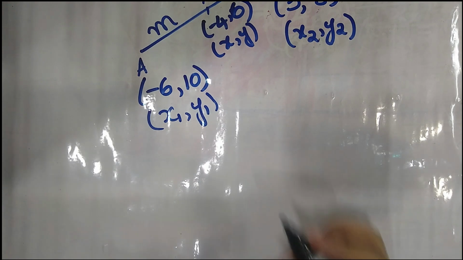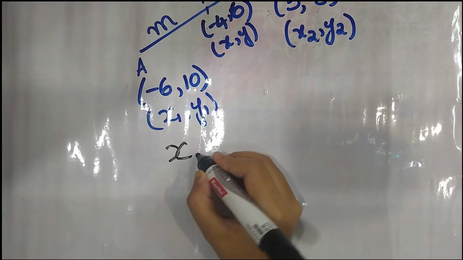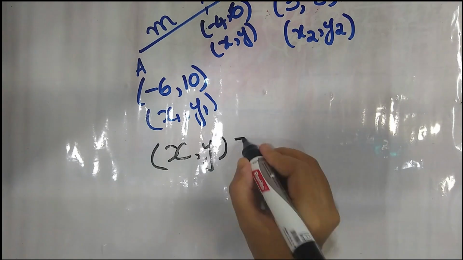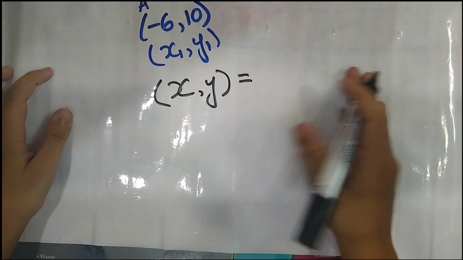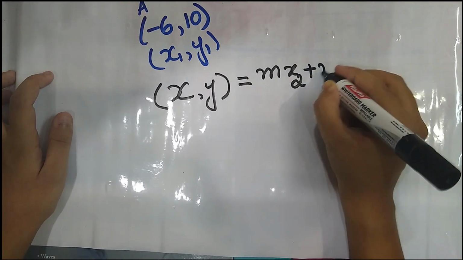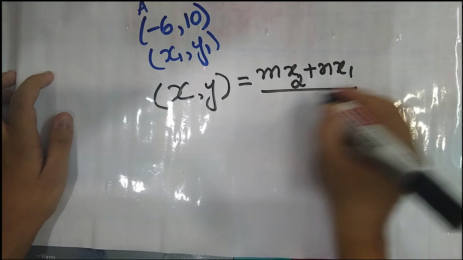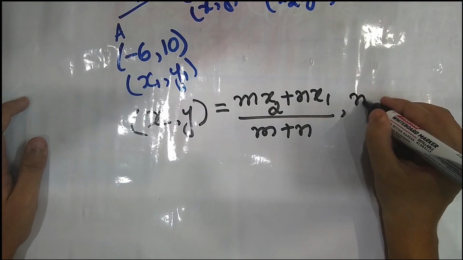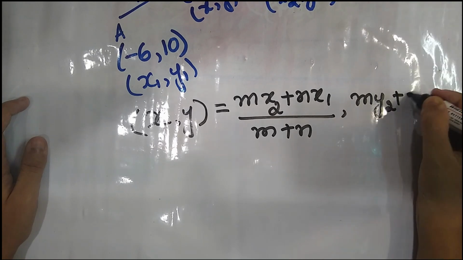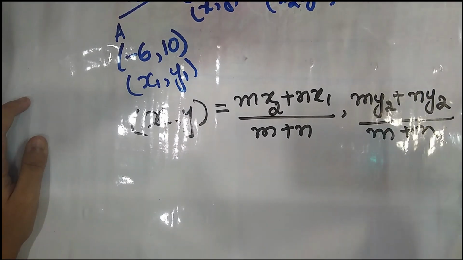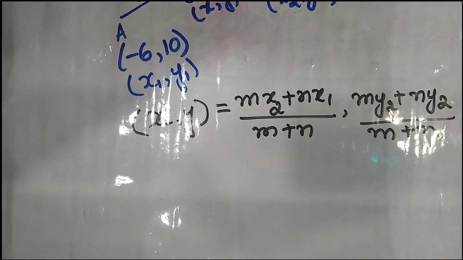According to the formula, x comma y should be equal to mx2 plus nx1 divided by m plus n comma my2 plus ny1 divided by m plus n. By now you must have memorized the formula.